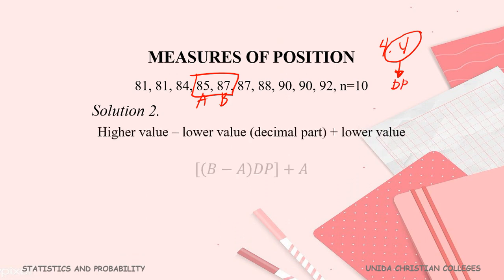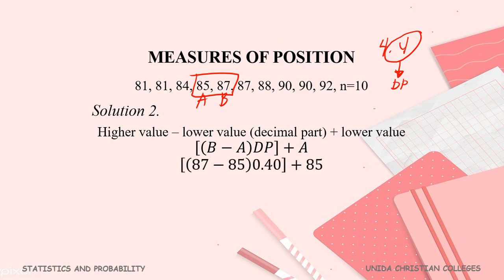Okay, so formula, B minus A times DP plus A. So, our B po is 87 minus 85, our A, times our DP po is 0.4 or 0.40, same lang naman po sila. And then our A is 85. And by following the PEMDAS rule po, we have 87 minus 85 is 2. And then copy.